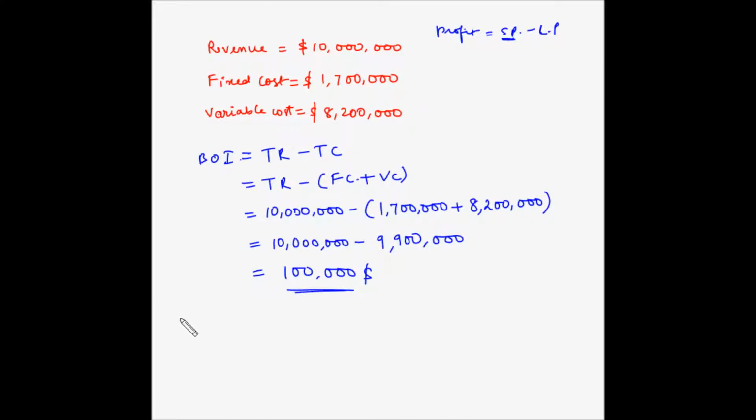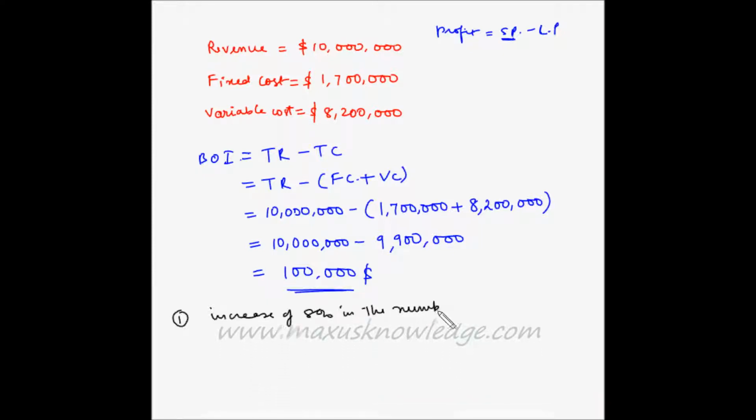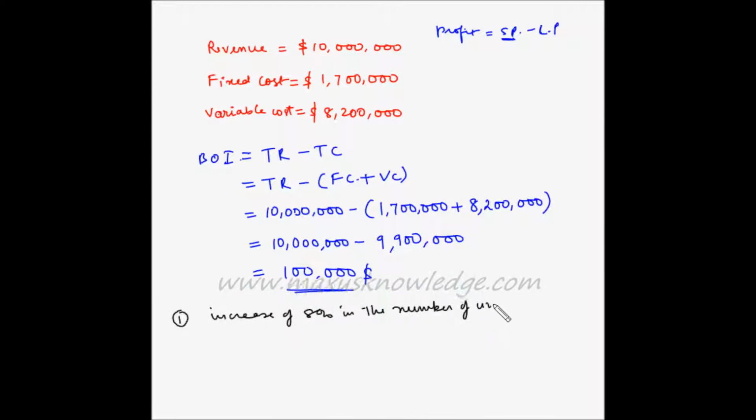Now first we have to find out what is the impact of increase in the number of units sold by 8%. So increase of 8% in the number of units sold.